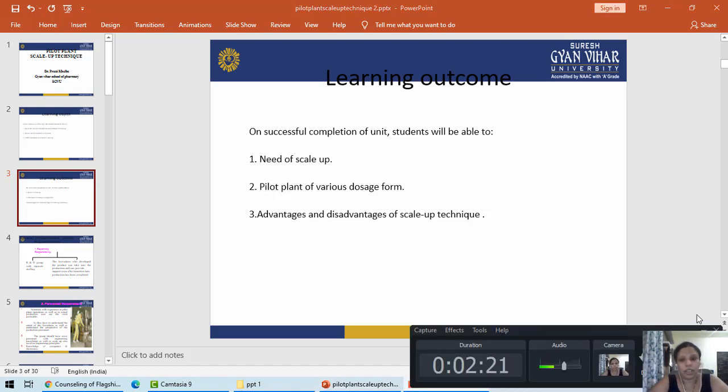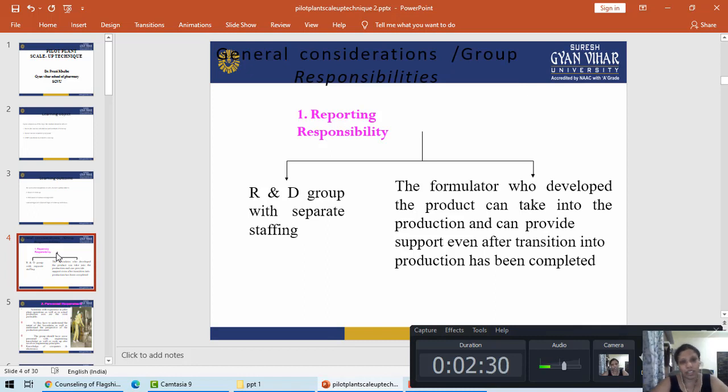So now the next slide, we are starting the next topic, that is the general considerations related to pilot plant scale up, or we can say group responsibility related to the pilot plant scale up. This we will discuss in today's slide. In the last class we discussed in detail about the pilot plant and scale up.